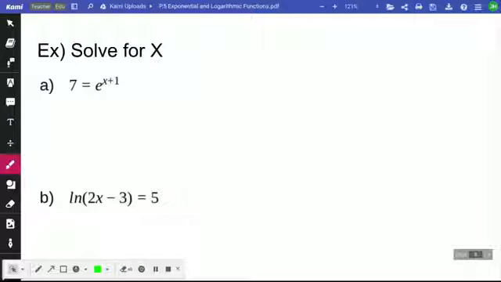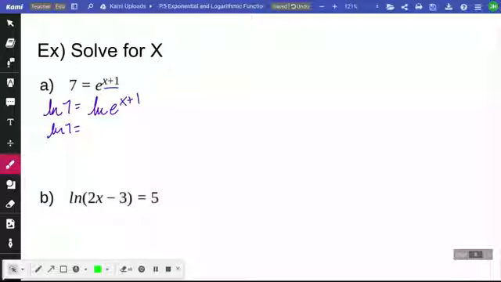So this e is the problem. It's trapping that x plus 1 in its exponent. So I need to get rid of the e. So what I can do is I can actually rewrite this function and take the natural log of both sides. Because using our properties, this left side is still natural log of 7. That's a decimal.